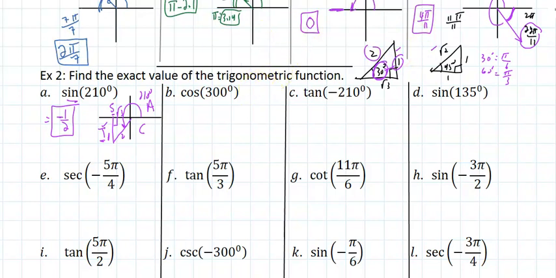300 degrees. What's the reference angle to 300 degrees? 300 degrees to the x-axis. Isn't that 60 degrees? So 60 degrees reference angle. 60 degrees is right there. Cosine is the adjacent over the hypotenuse.